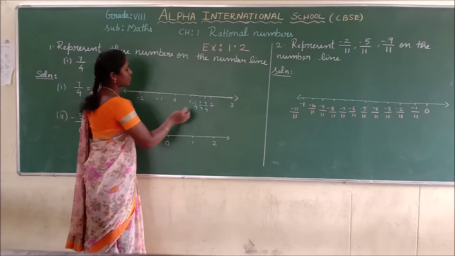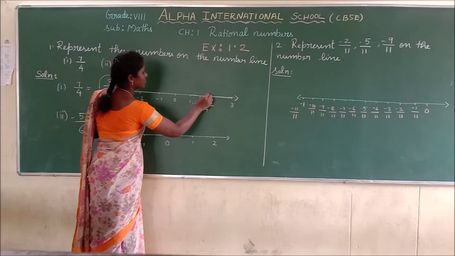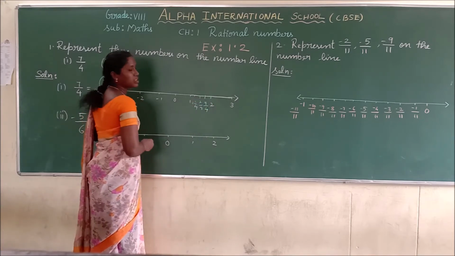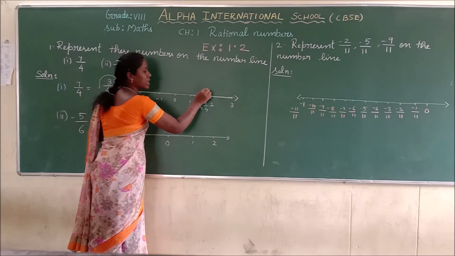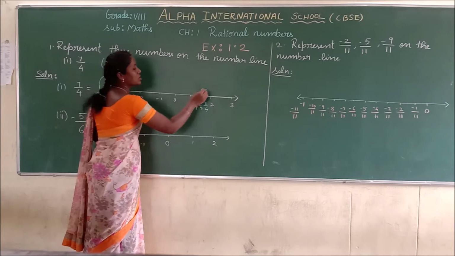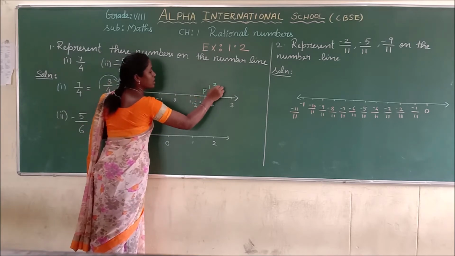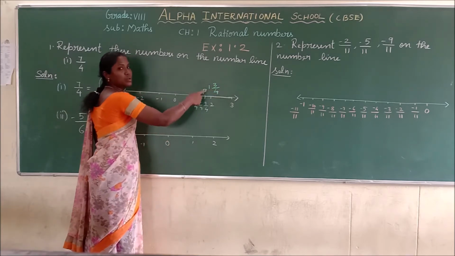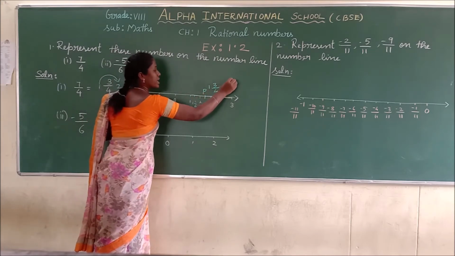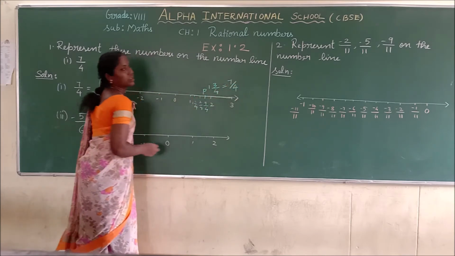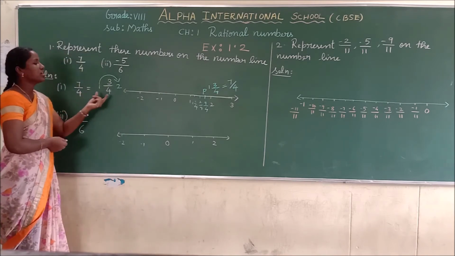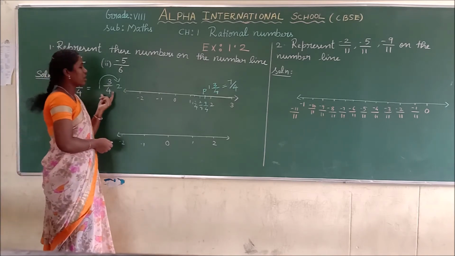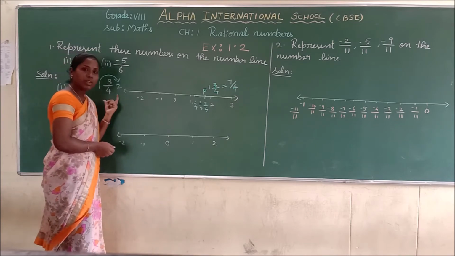Now see, what is the given fraction here? 3 by 4. So mark the point at 3 by 4. Let us give it the name P. So this is 1, 3 by 4. This point represents 1, 3 by 4. Listen, children, if it is an improper fraction, change it to a mixed fraction and find the range where the number lies.